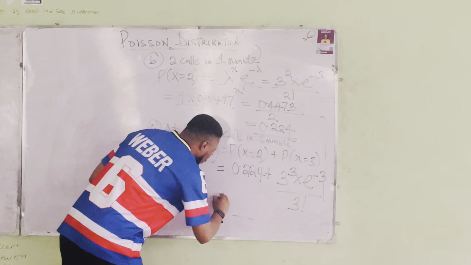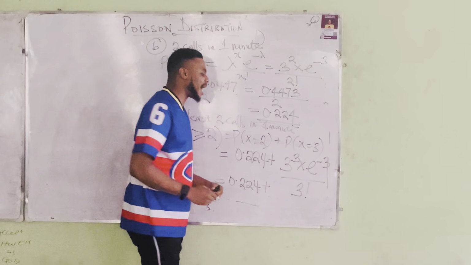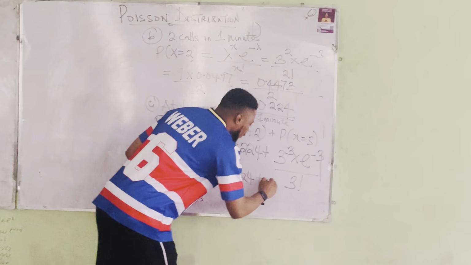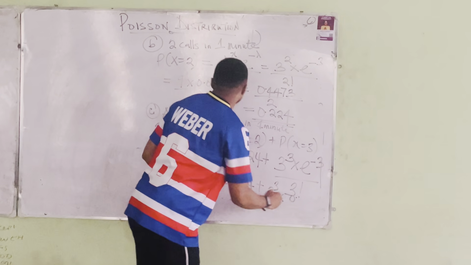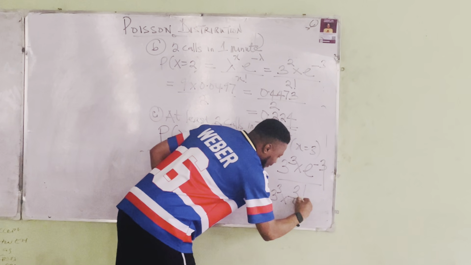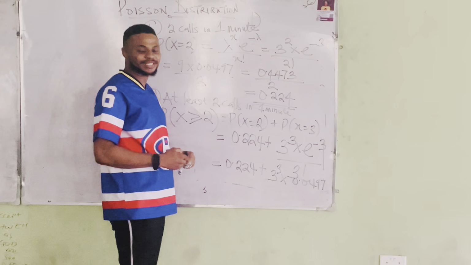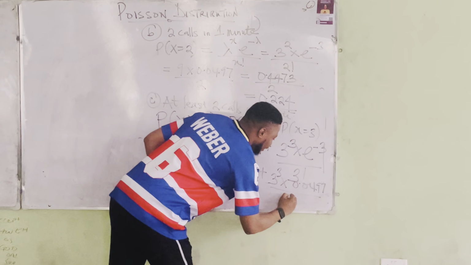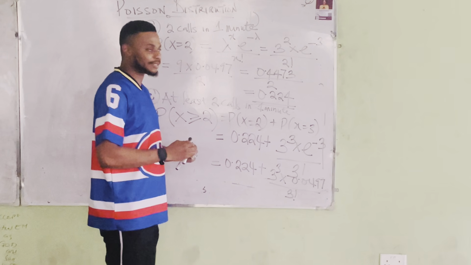So this will be 0.224 plus 3 raised to power 3 times 0.0497, which is e raised to power minus 3 that we have been using, all divided by 3 factorial, which is 3 times 2 times 1.